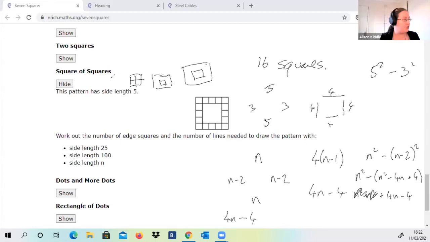And so if I try to draw this picture for a 1 by 1, I would have to be able to draw a negative square in the middle. So I think we would say that this is a pattern where the pattern doesn't make sense for n equal to 1, because I can't then continue the pattern there. So that's a lovely question to explore, and to show how each of the different representations of it would start going into negative numbers there. So let me just rub that out.